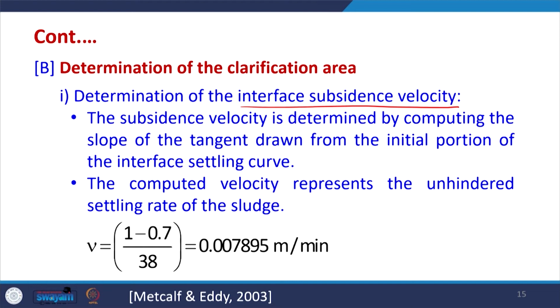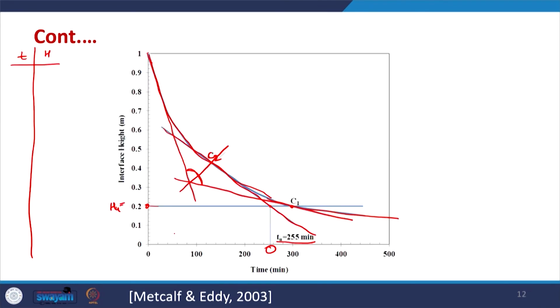This subsidence velocity is determined by computing the slope of the tangent drawn from the initial portion of the interface settling curve, so for time t equal to 0, whatever tangent is drawn, from that we can find out. Like here we have targeted up to 0.7 meter, and we can determine up to what time it has reached. So, we are only taking this slope.